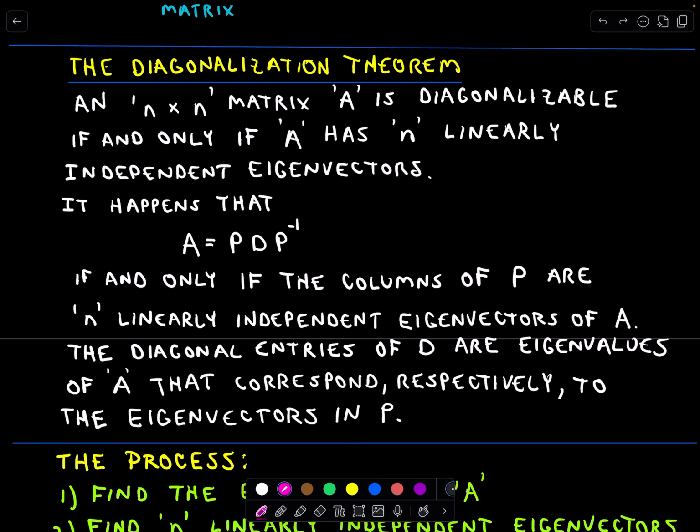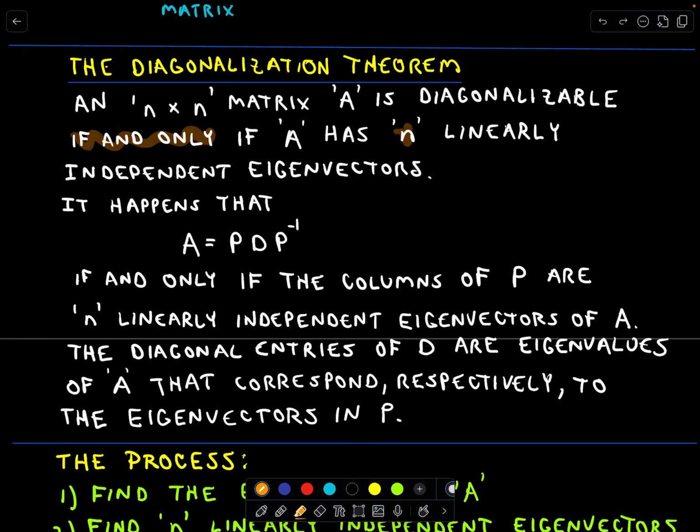The process is a little time consuming. I am going to go through most of the details, just so you hopefully get a feel for it. But before we get going, let's talk about the good old diagonalization theorem. It says an n by n matrix A is diagonalizable if and only if A has n linearly independent eigenvectors.